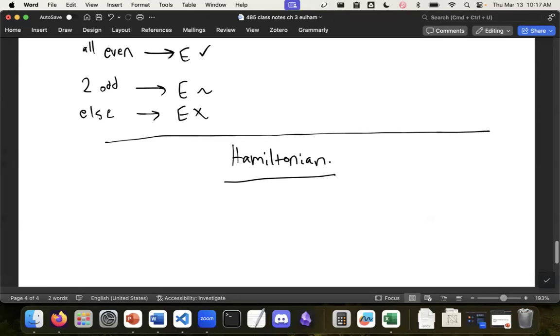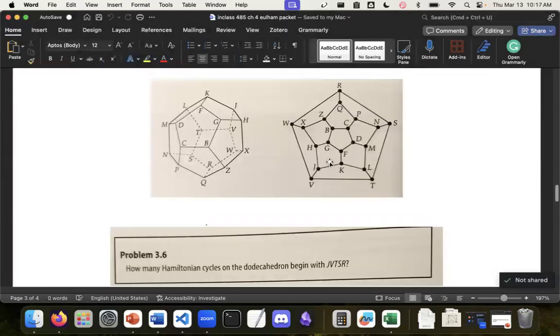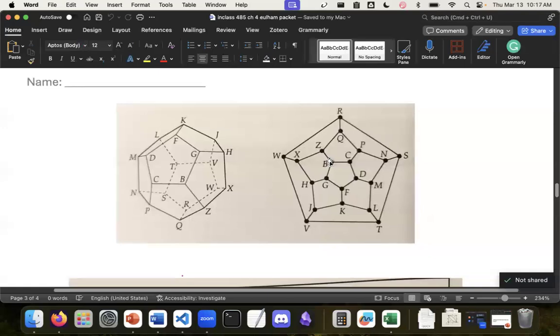And he was looking at this game, which the drawing is in your packet, where let's say we have an icosahedron, I think, the five-sided die. And if we label each point with a letter, we can get a graph from that. Remember this polyhedral graph where we smush it all down into the plane?